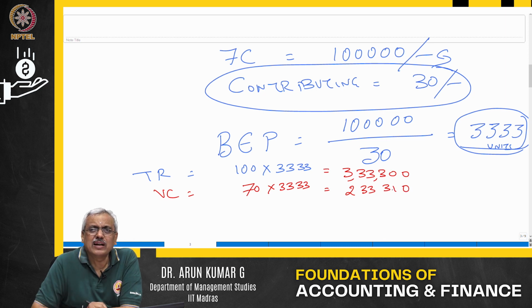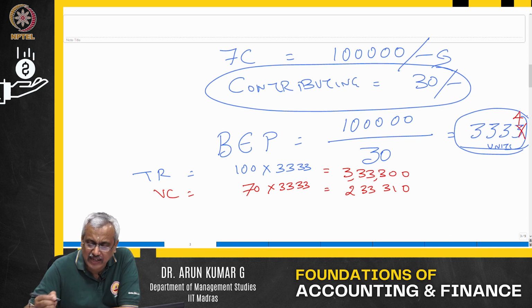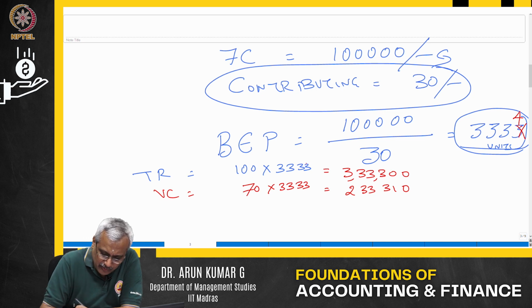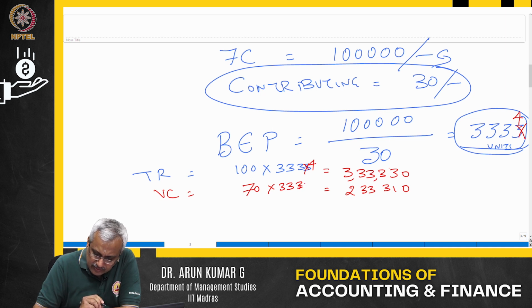There is going to be a small difference because of the decimal. If I make it 3,334 because of the decimal, I round it off. In this case, the revenue will increase by 100 more, 3,33,400.